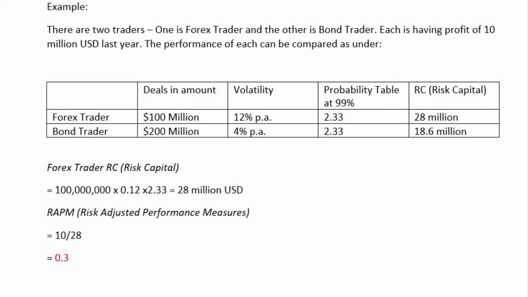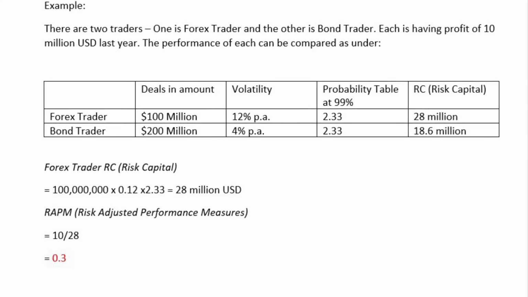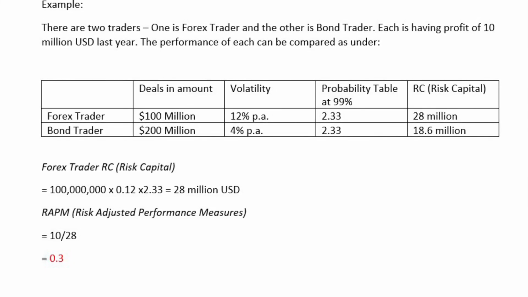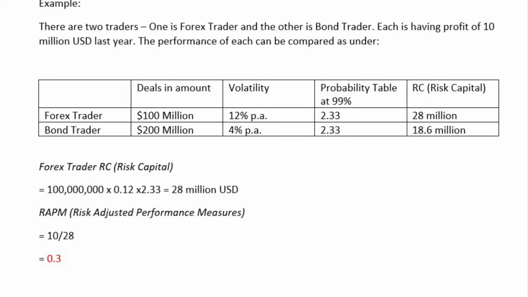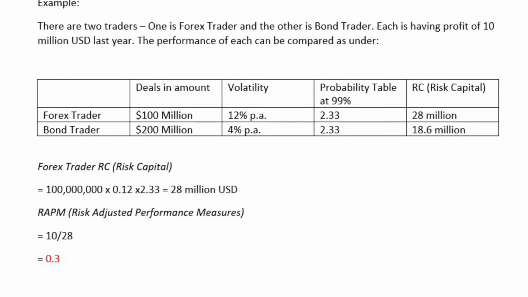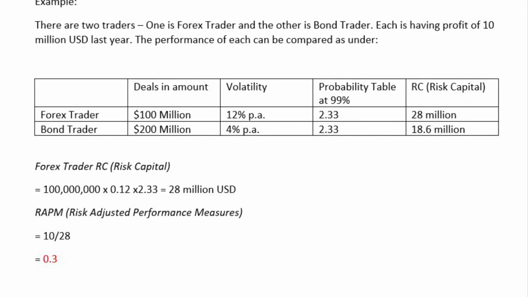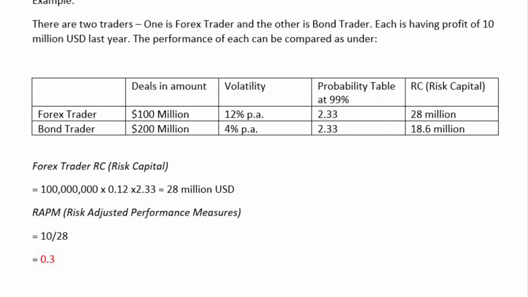For the forex trader, what is the formula for risk capital that we saw in the last slide? It is the multiplication of business volume, volatility and probability. These second, third and fourth columns we have to multiply. That is 100 million, 12% and 2.33. After multiplying this we will get 28 million USD.